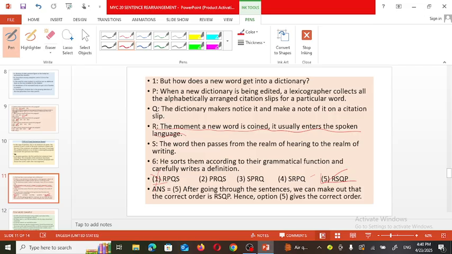And then, when a new dictionary is being edited, a lexicographer collects all the alphabetically arranged citation slips for a particular word, and at the end he sorts them according to their grammatical functions and carefully writes a definition. So the fifth option will be the correct one, so that we are able to have a meaningful paragraph.